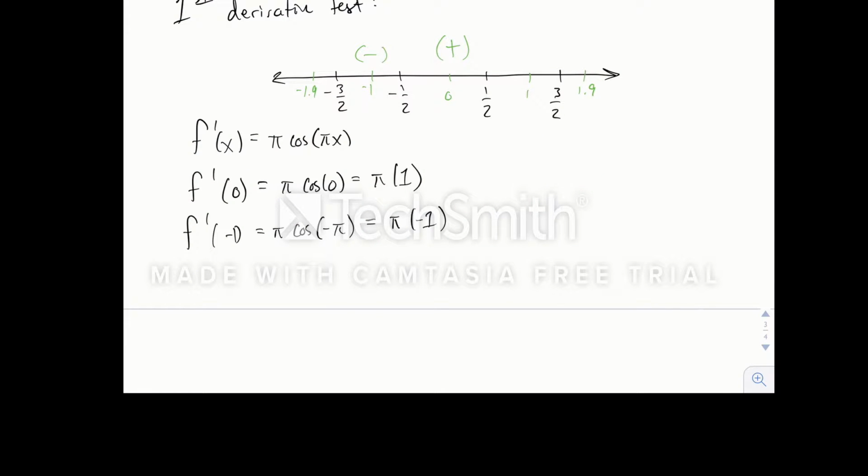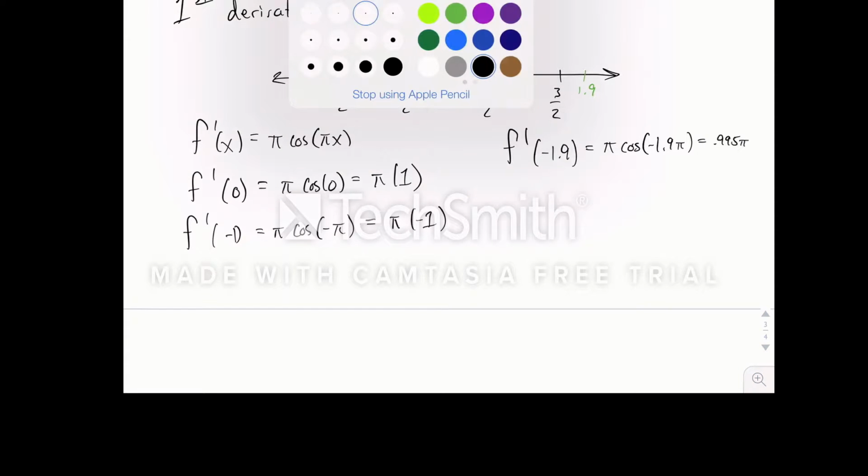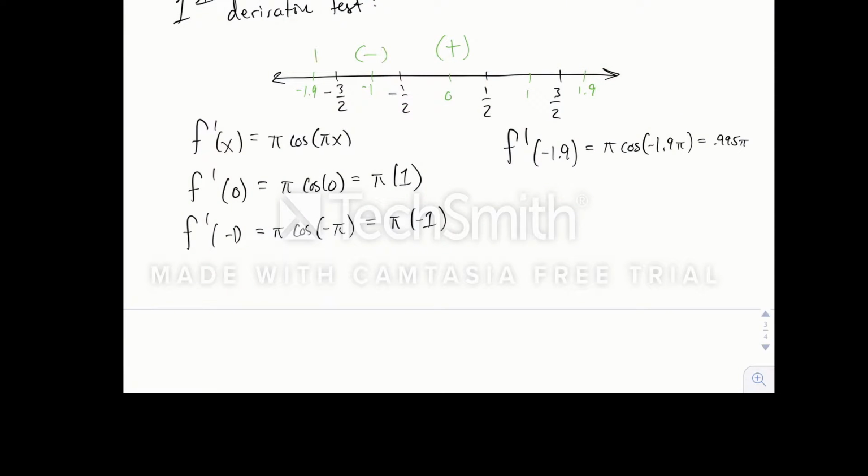Now let's look at f prime of negative 1.9, which is pi times cosine of negative 1.9 pi, which, if you type it into your calculator, turns out to be about 0.995 pi, a positive number. So over here, we have positive values.